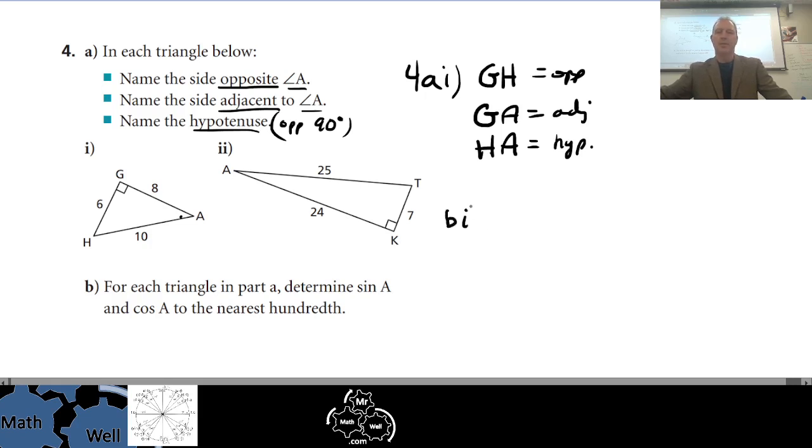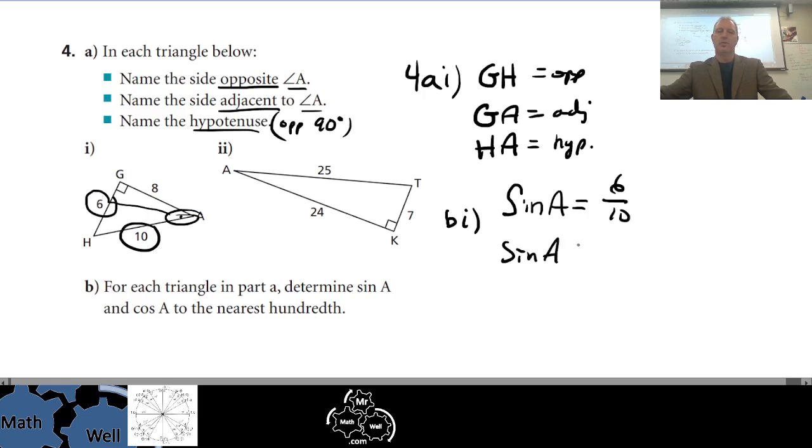B, for the first one here, for each triangle in part A, determine the sine A and cos A to the nearest 100th. All right, so here we go. Now we get to use our calculator. So sine of A is made up when you divide the opposite side by the hypotenuse. So the sine of A is 3 over 5, or as a decimal, what's that?